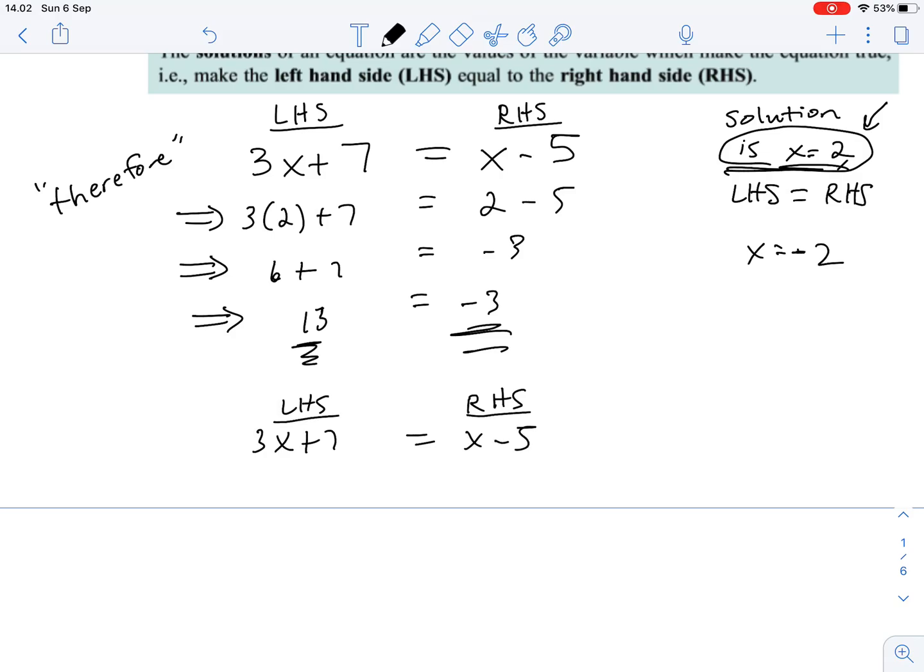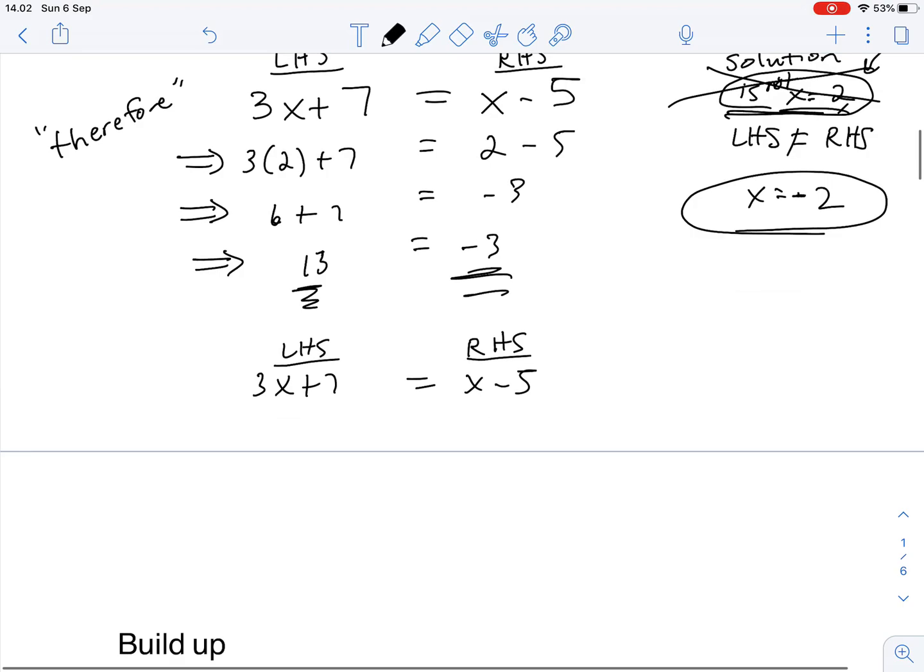I'll come back to that in just a second. So again, I want to check if x equals negative 2 is a solution. Because the left-hand side and the right-hand side don't equal each other, this is not a solution, okay?